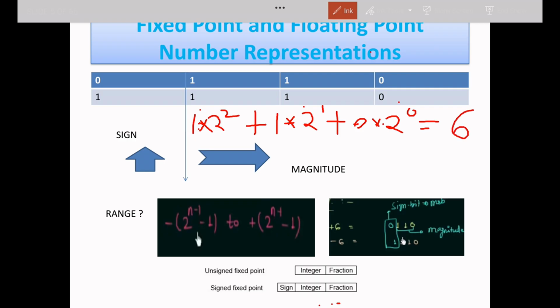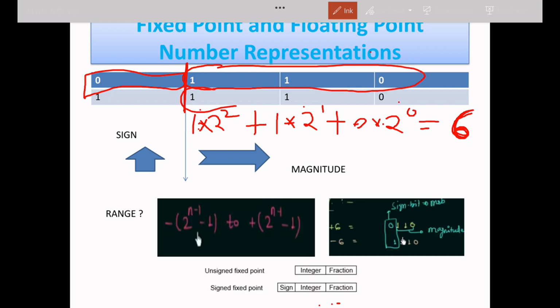Now the question is, is this 6 a positive number or a negative number? This box will decide. You can see this number from here to here is also 6, and this number from here to here is also 6.